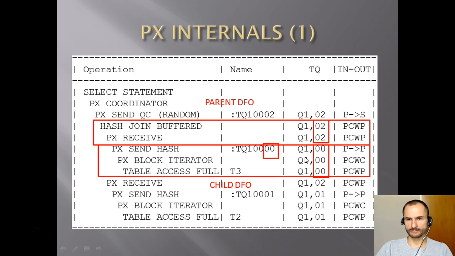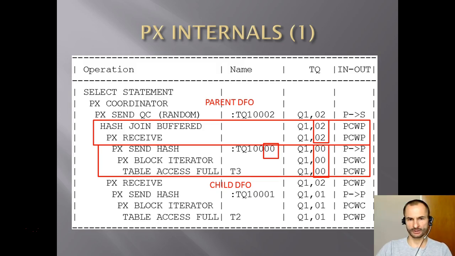It's important to understand that there is no deeper meaning in this numbering here behind the comma, so you don't have to expect that here 00 talks to 01 and then 01 talks to 02. As you can see here, the sequence is basically defined by the plan shape.